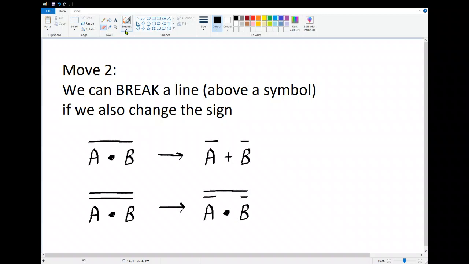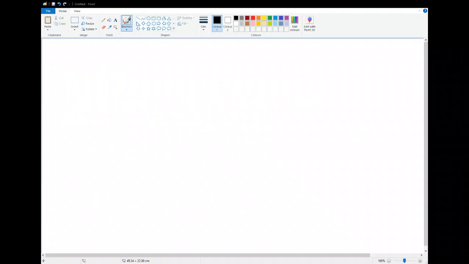So in this case, we would break the line and we would change this sign. So the equations either side of the arrow here do the same job. Move 2 is a legitimate move. Move 1 was we can add 2 lines. Move 2 is we can break a line as long as we change the sign. So it's by playing this game, which only has 2 moves, that we can convert one function into another. So let's say we have an AND function.